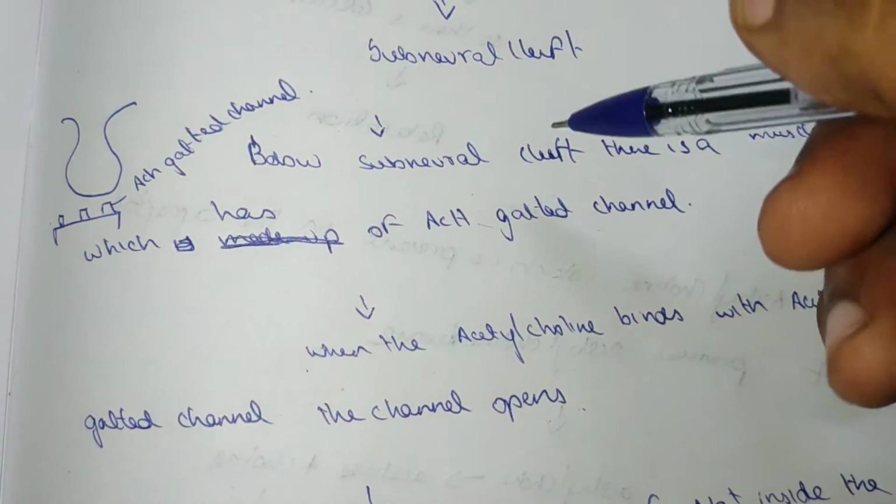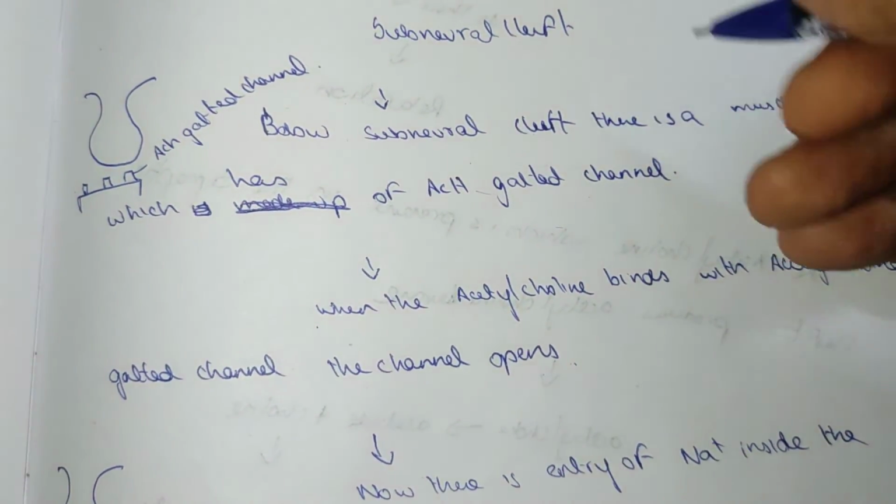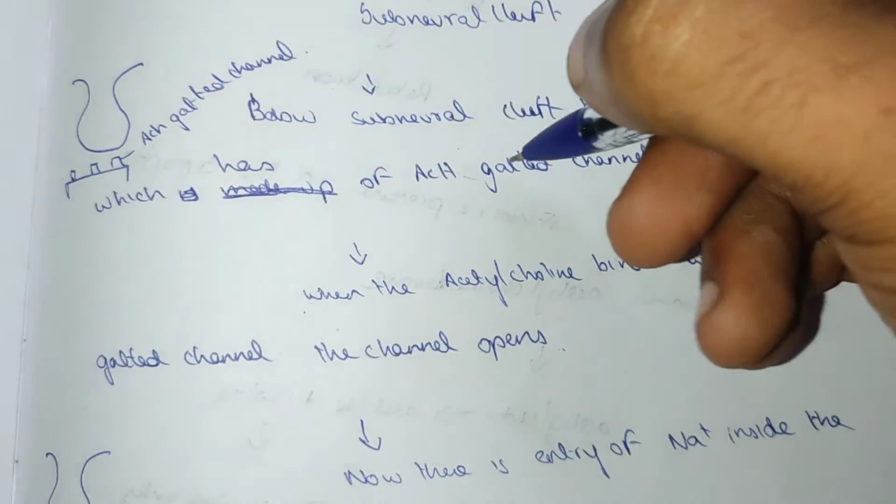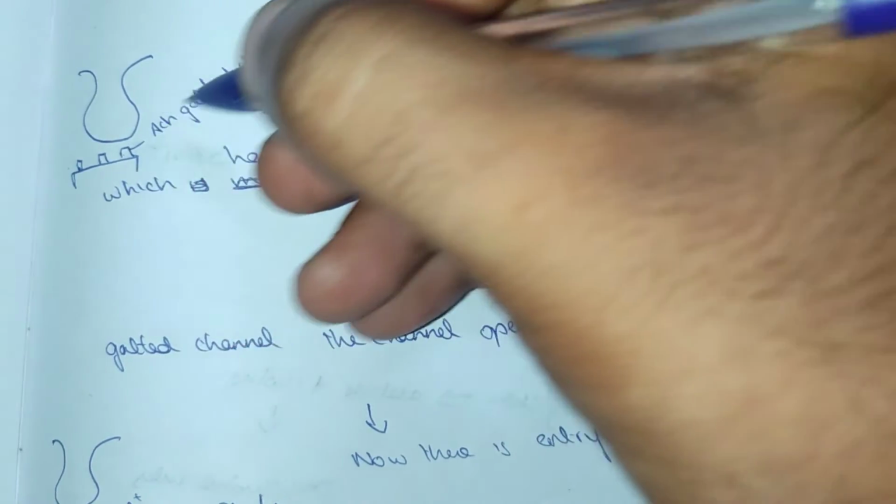Below the synaptic cleft, there is a muscle fiber. This muscle fiber has acetylcholine gated channels.